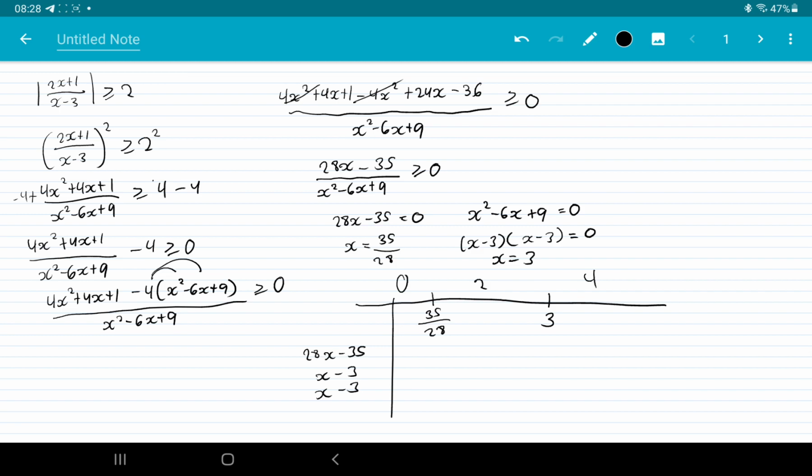The first column should be negative, because 28 times 0 is 0, and 0 minus 35 is negative. Then 2 gives 28 times 2 minus 35, which is a positive value, and the same goes for 4. And for x minus 3, the first column is negative, then 2 minus 3 is another negative value, then 4 minus 3 is a positive value. The same goes for the final one.